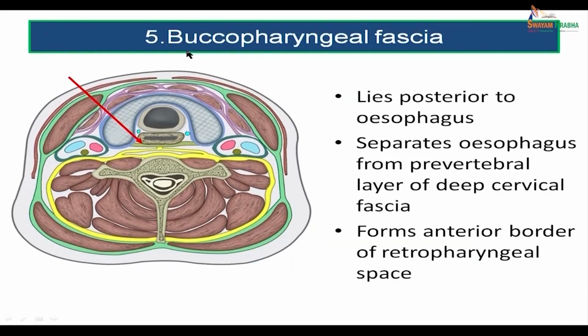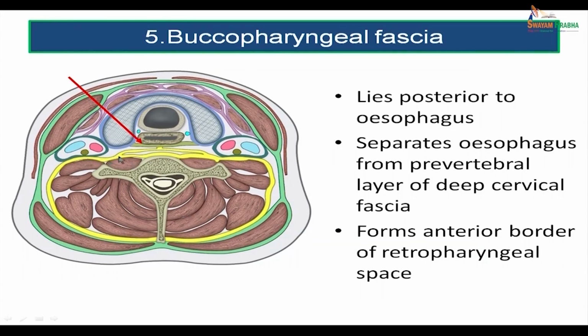Now we come to the buccopharyngeal fascia. Buccopharyngeal fascia lies posterior to the esophagus. So, let us look at the diagram and identify the esophagus. This is the trachea, and behind the trachea lies the esophagus, and behind the esophagus we can see the cervical vertebrae and the prevertebral muscles.